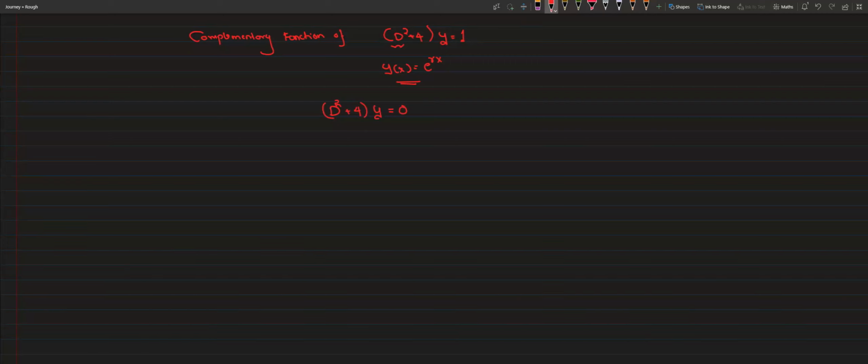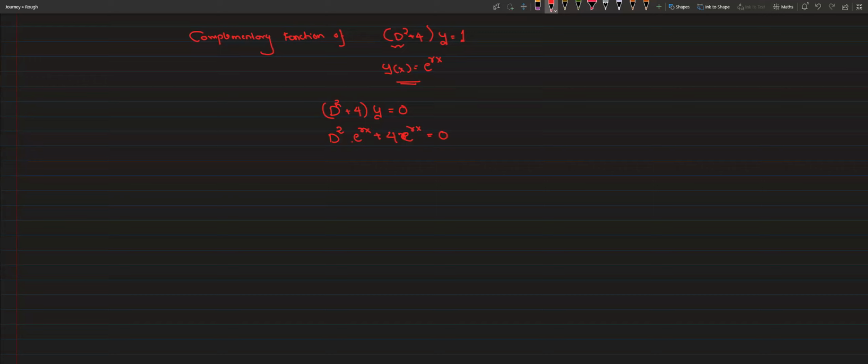This is nothing but D square into e power rx plus 4 into e power rx equals 0. This is the form.